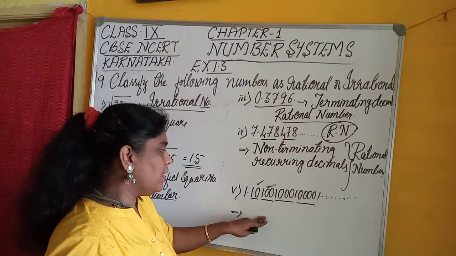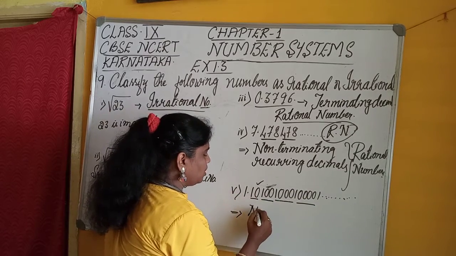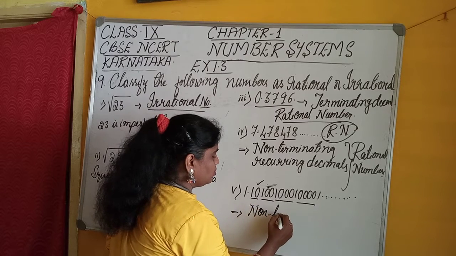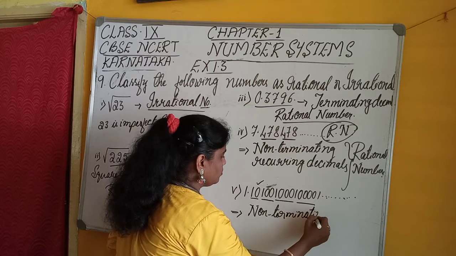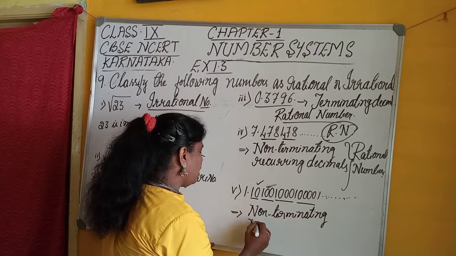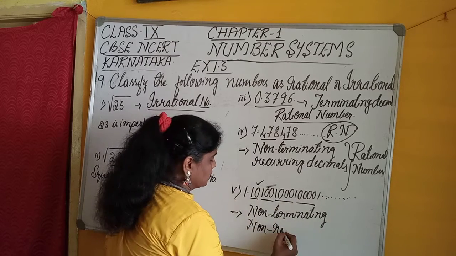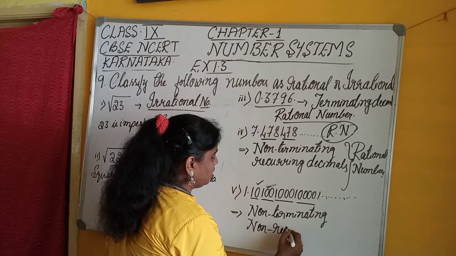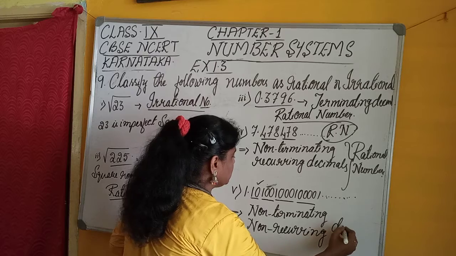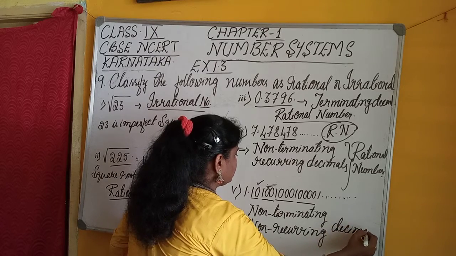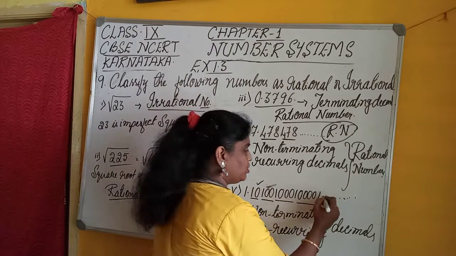Like this, the nature of this decimal expansion is non-terminating and non-recurring, because the numbers are not repeating. Therefore, non-terminating, non-recurring decimals are irrational numbers.